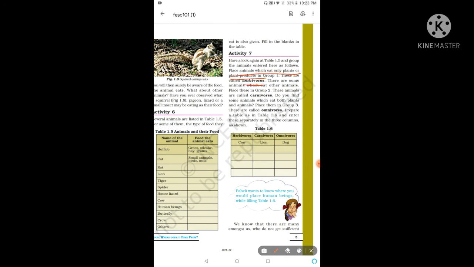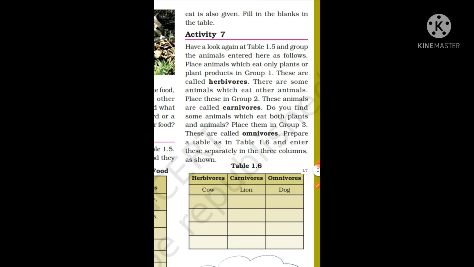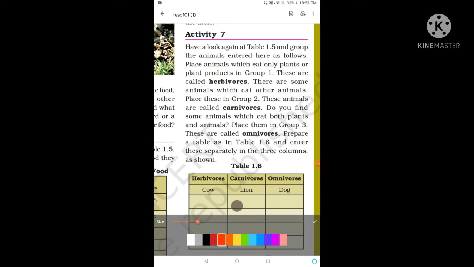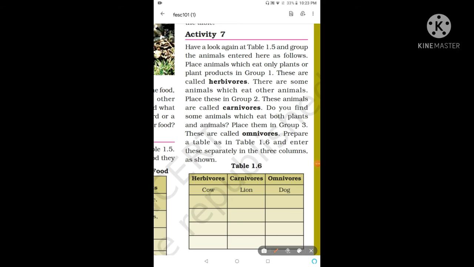These in group 1 are called herbivores. Let me zoom it more. So let me tell you again. Animals who eat only plants or plant products are called herbivores, right? Now there are some animals which eat other animals, they are called carnivores, right?